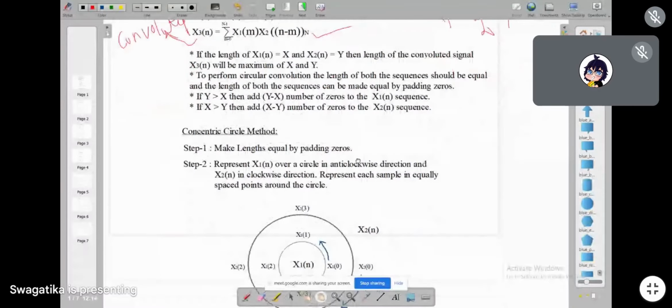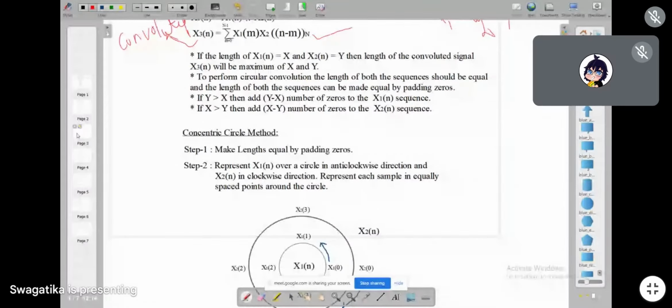If the length of x1 of n is x and x2 is y, then the length of the convoluted signal x3 will be the maximum of x and y. Why the maximum? Because ultimately we have to equalize the lengths of x1 and x2.